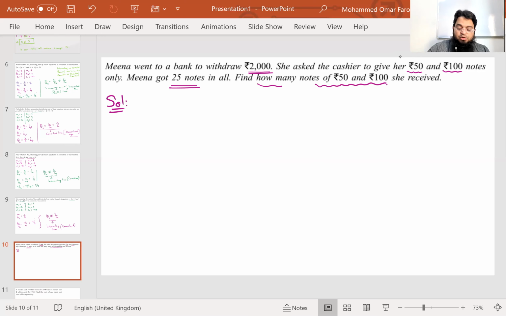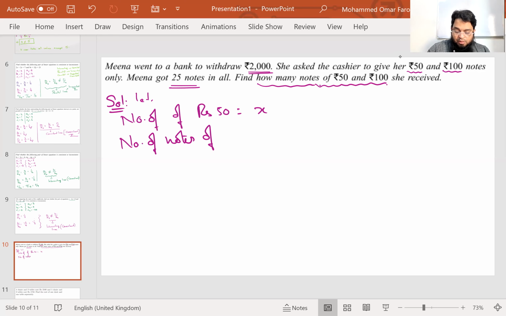Let the number of notes of rupees 50 be x, and the number of notes of rupees 100 be y.